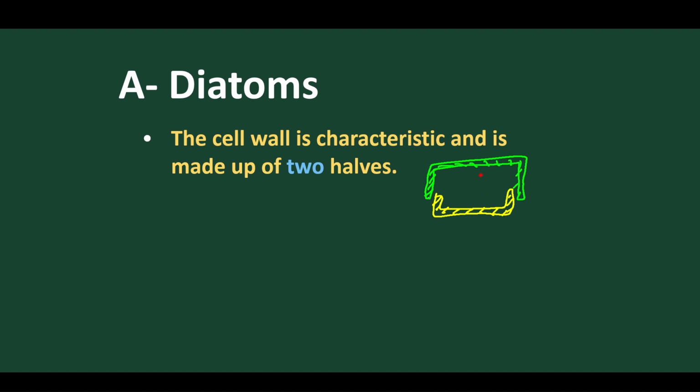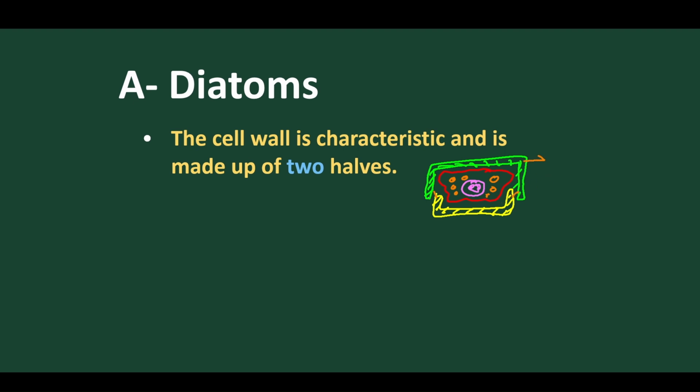Inside we find the cell membrane, and within the cell membrane we find the nucleus, and around the nucleus we find membrane-bound organelles. We'll discuss the vacuoles and everything later. So this is the condition of the diatom cell wall.